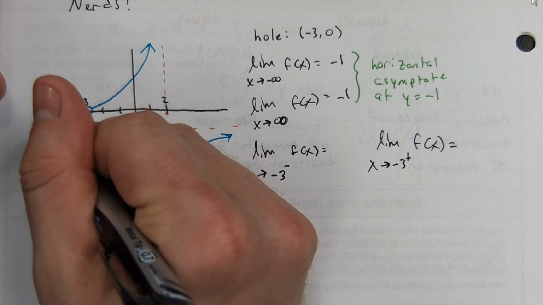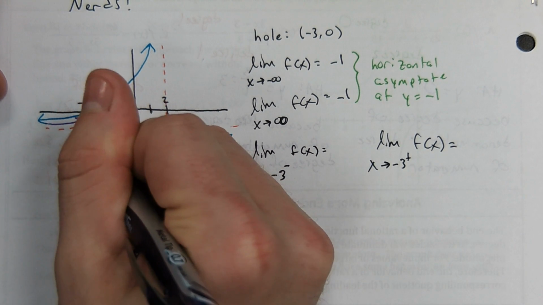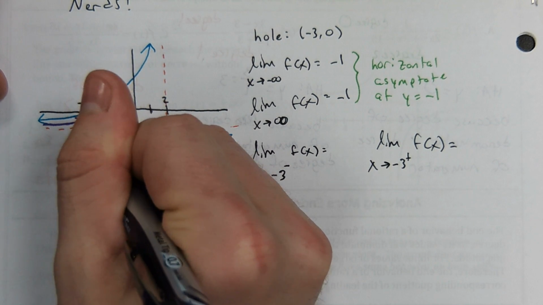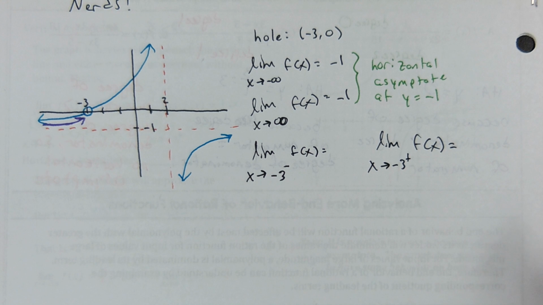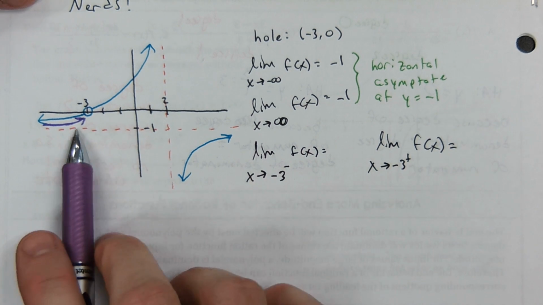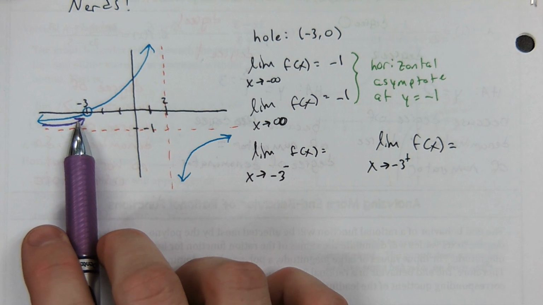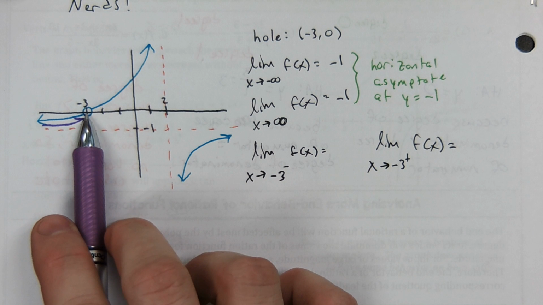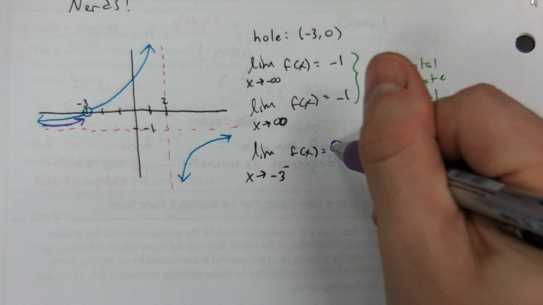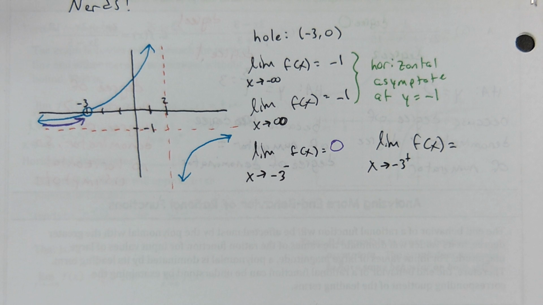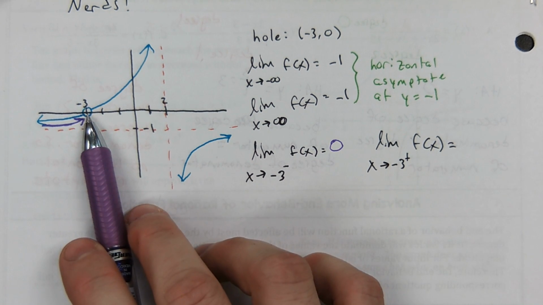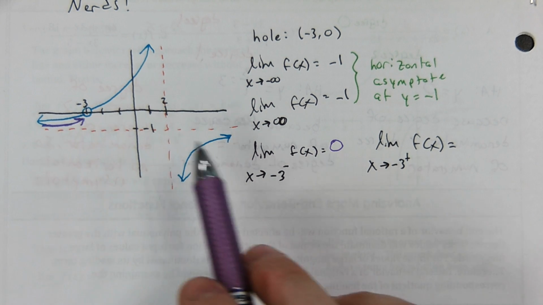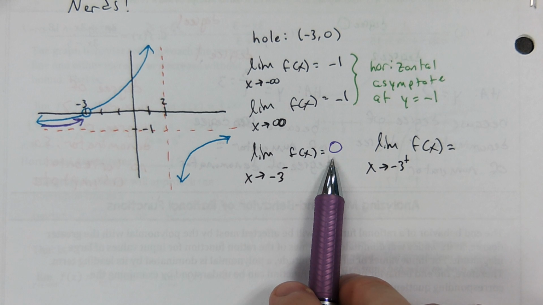That means we're having this kind of motion. As I get closer and closer and closer to this x value, what y value am I approaching? 0. It doesn't matter that the graph doesn't exist there. That's not important. What's important is that's where it was headed.